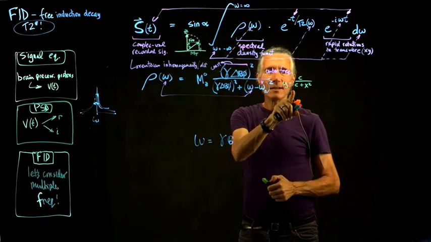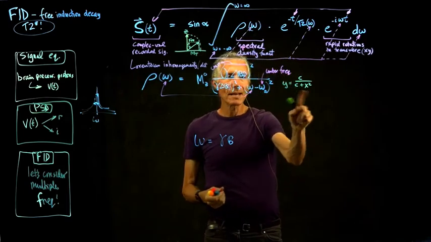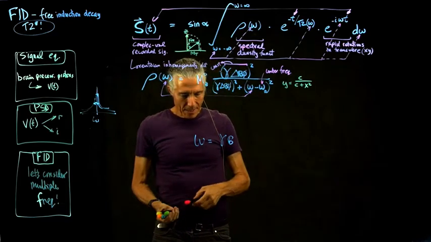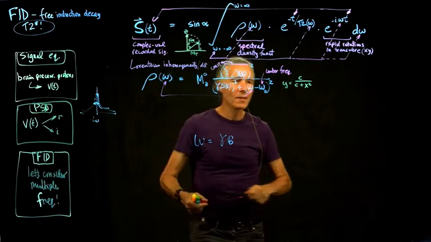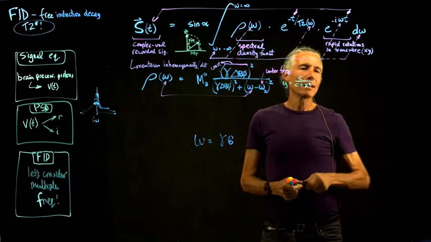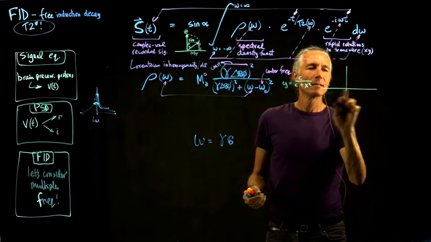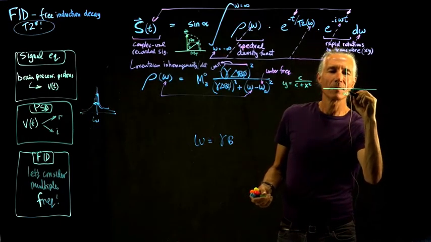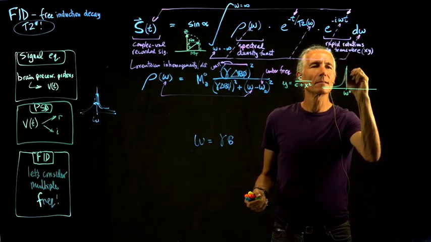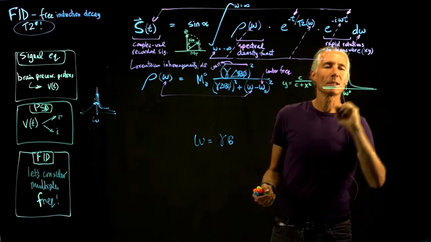And if you plot an equation like that, what does it look like? It will look something like this. This will be the center frequency, and you'll get a shape kind of like a Gaussian, but slightly different.